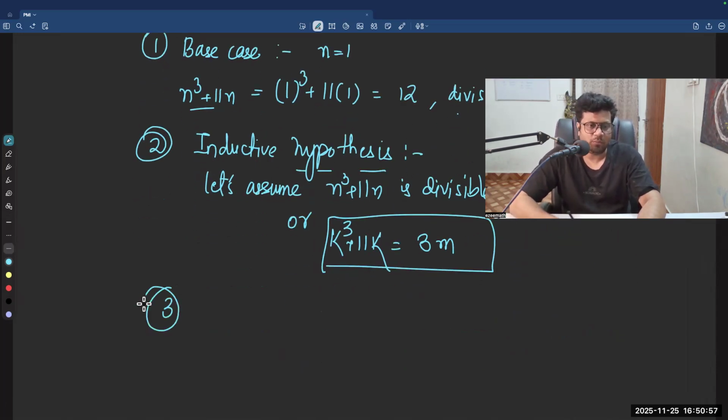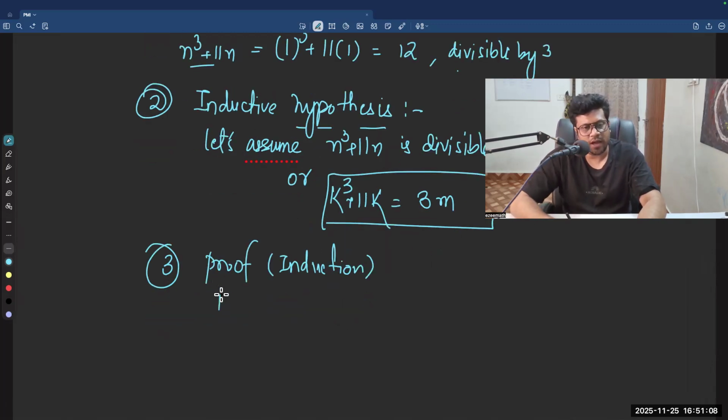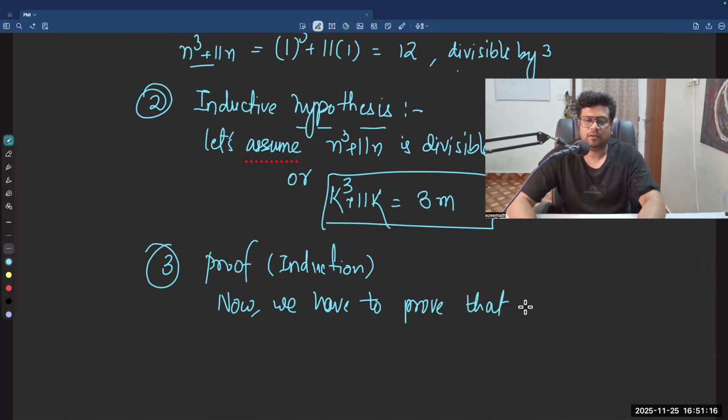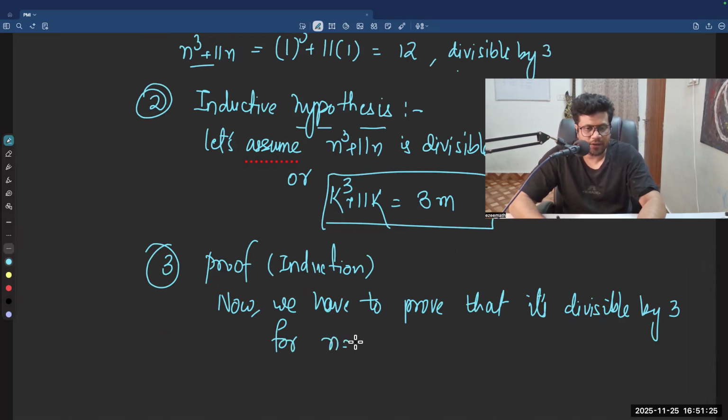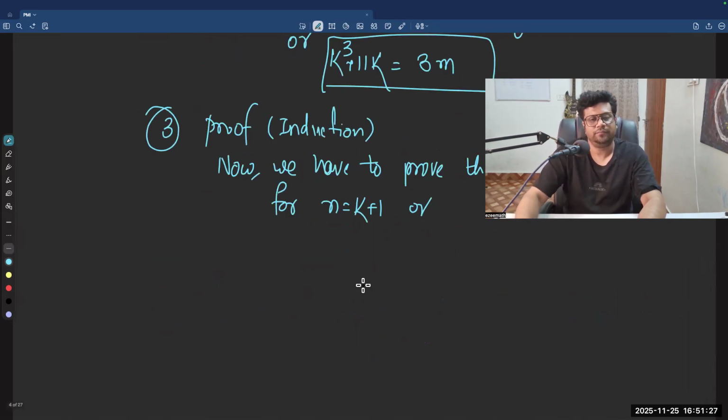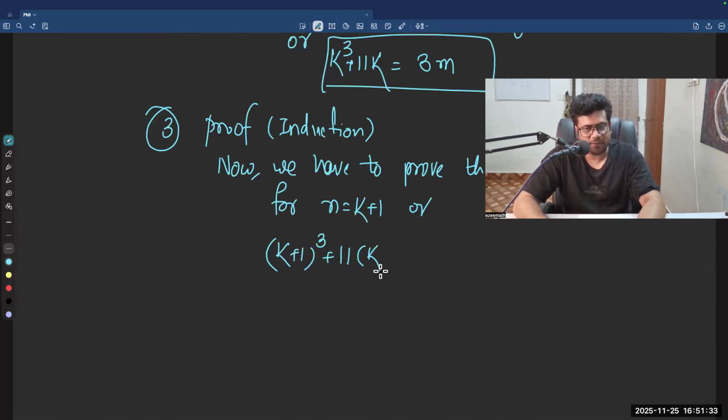And then we do proper induction. So the final step, that's your proof. You call it induction. That's where we have to prove that it's divisible by 3 for n equal to k plus 1, or k plus 1 cube plus 11 times k plus 1 is 3 times some integer again.